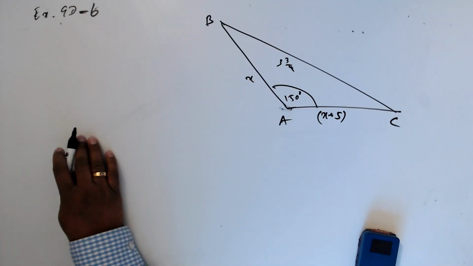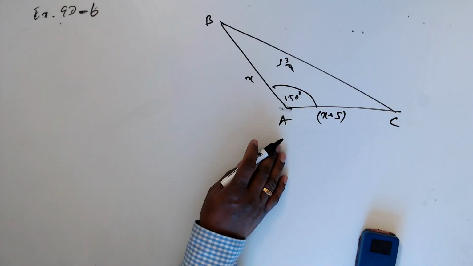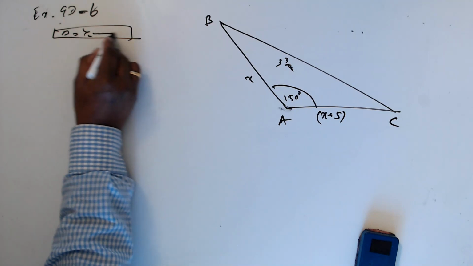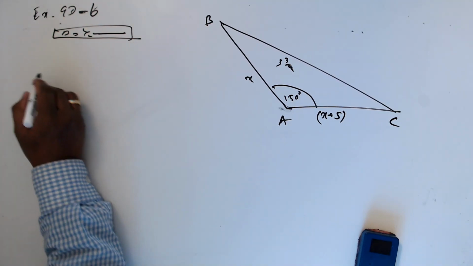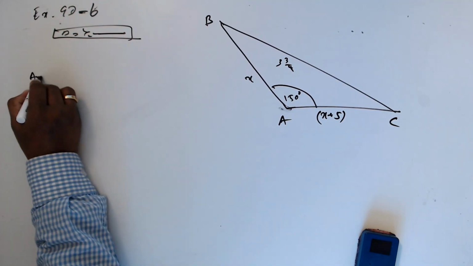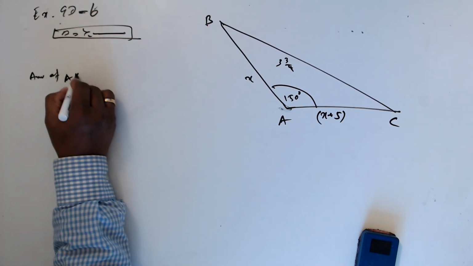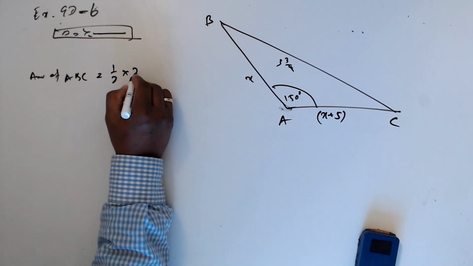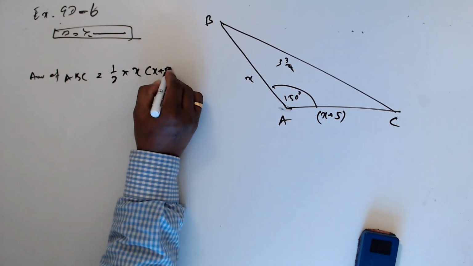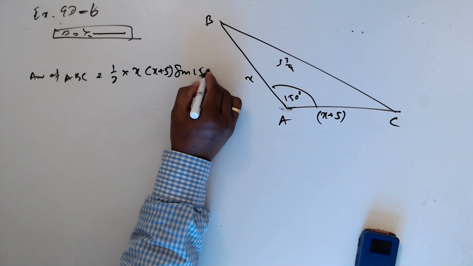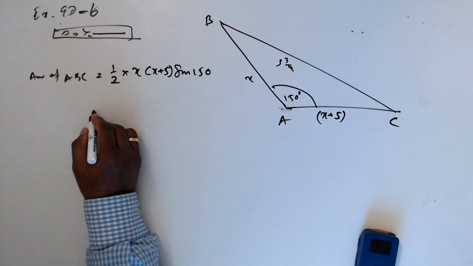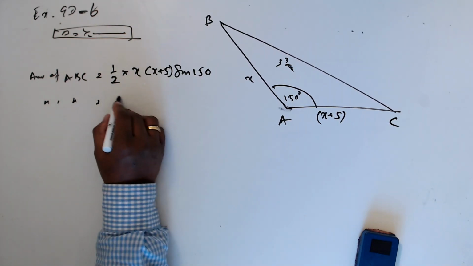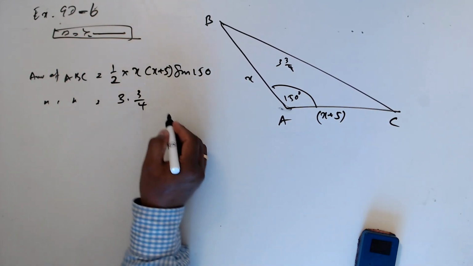Now question number 6, this is again an easy sum. First of all, the rule: area of triangle is half ab sine C. Area of ABC equals half times x times (x plus 5) times sine 150, and area of ABC equals 3 over 4.